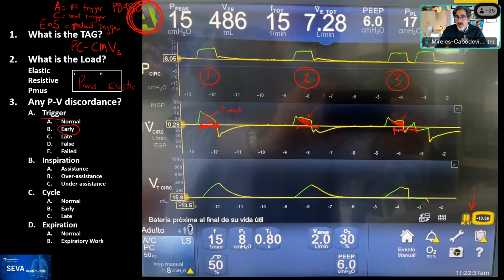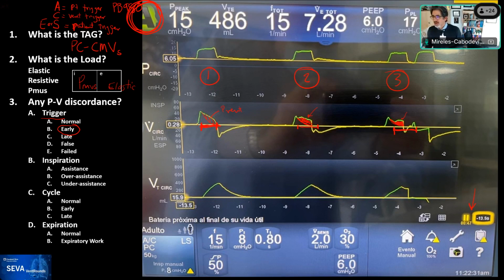And in the third one, it was even later, and it triggered another breath. The literature is filled with different phenotypes, but if you were at the bedside and saw the last breath, you would say that's an early trigger with double trigger. If you see the first one, you would say that's an early trigger that started at the beginning of the breath. So these things are not always as pretty as the articles show.